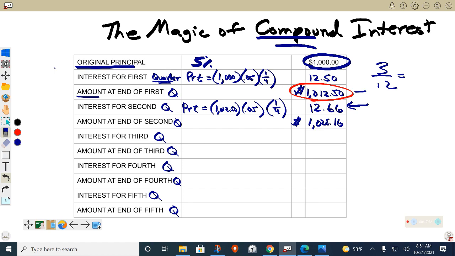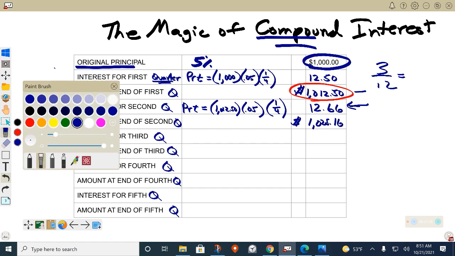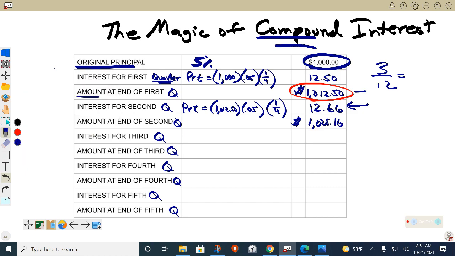All right, third quarter. So third quarter now, principal times rate times time. So it's going to be now not 1,012.50, it's going to be 1,025.16 times 0.05 times another quarter of a year.